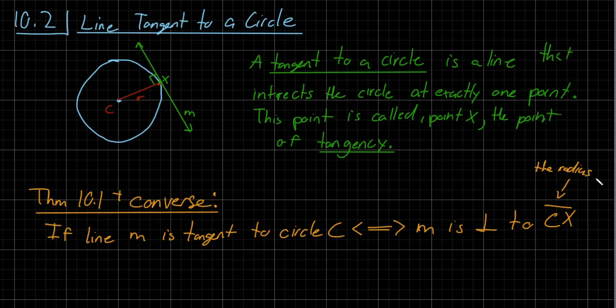The converse of the statement would be, if M is perpendicular to CX, then the line M is tangent to the circle. You can go either way. That's why we're using the double arrows. So it's an if and only if, and go either way. Yeah?